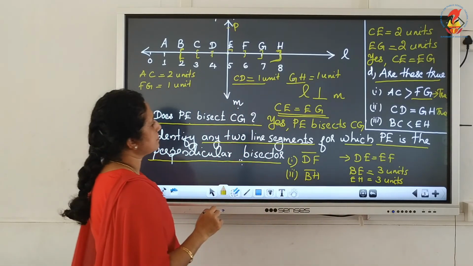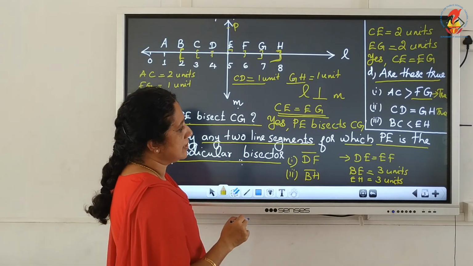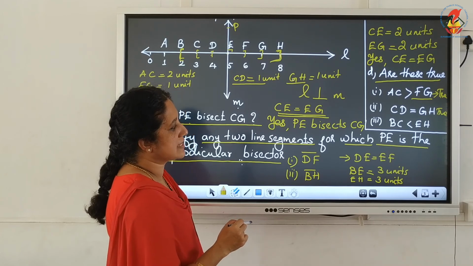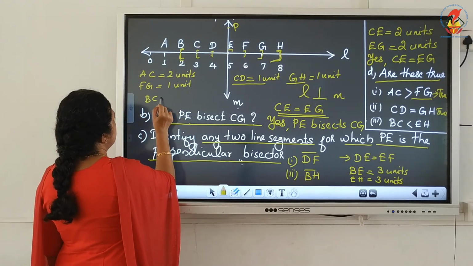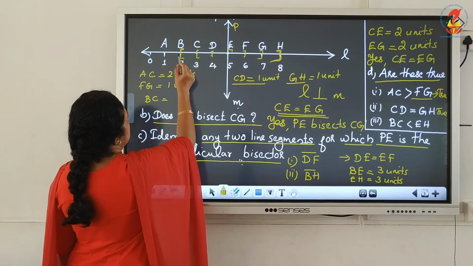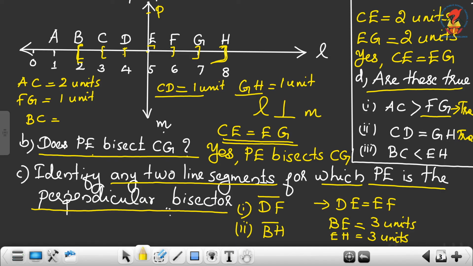Now next, third one, length of BC less than length of EH. So we have to find out BC. What is the length of line segment BC? B is at 2, C is at 3. So 3 minus 2, you will get 1 unit. Then EH, E is at 5, H is at 8.